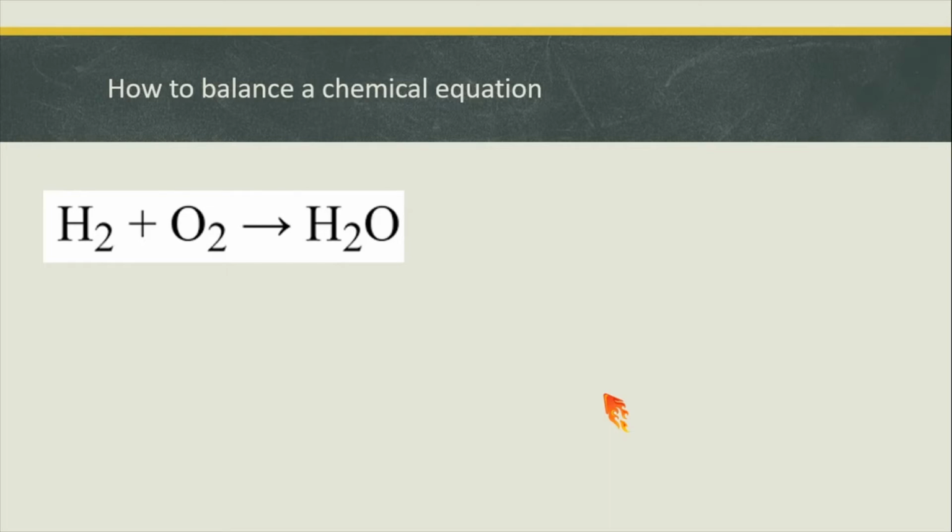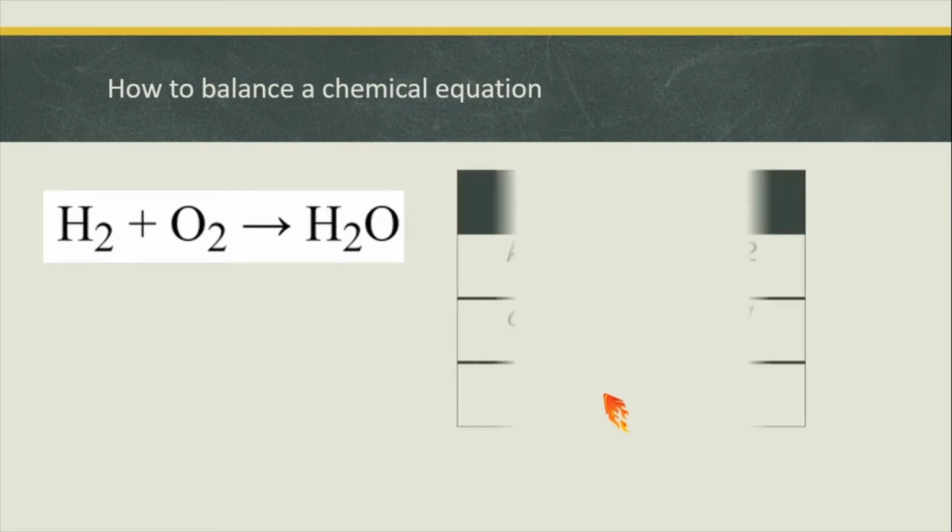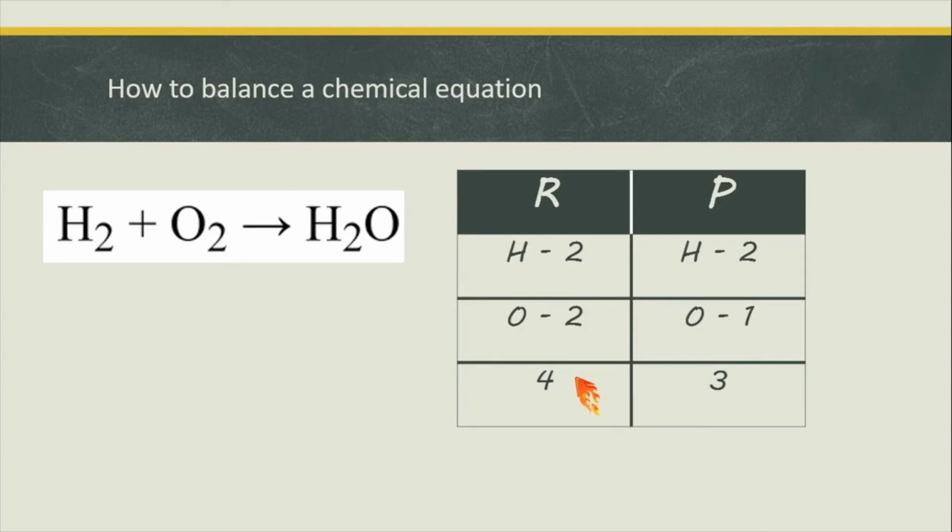So here, I already did the balancing of the equation, like H2, this is a subscript, and this is a subscript. If there's a subscript, the element has that many atoms, but all by itself. So H2 is 2 and O2 is 2.